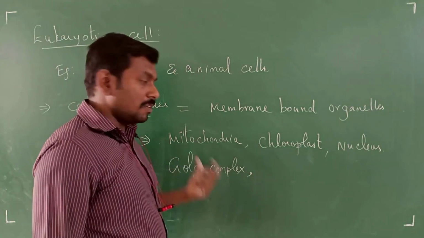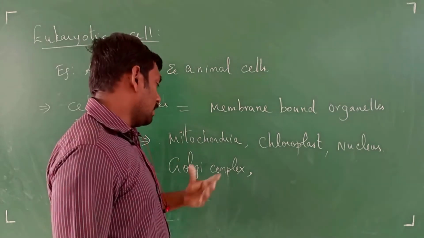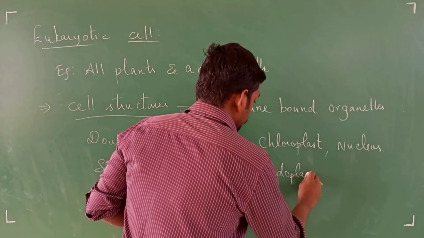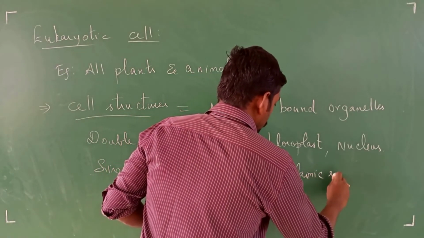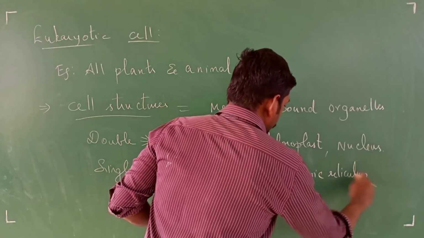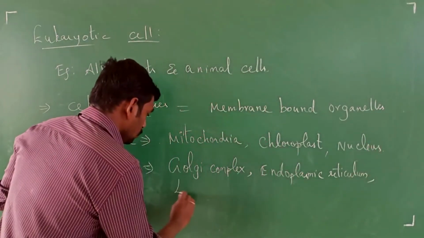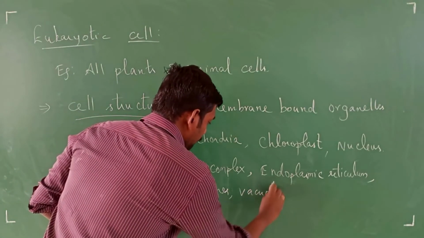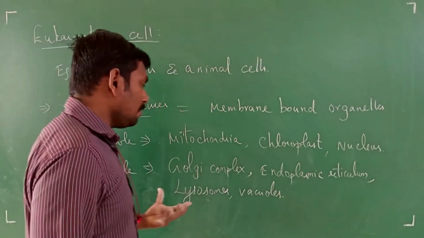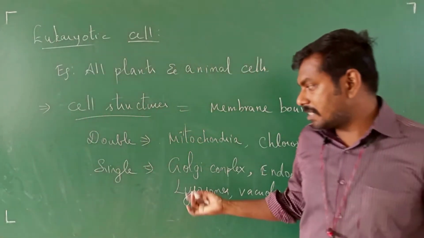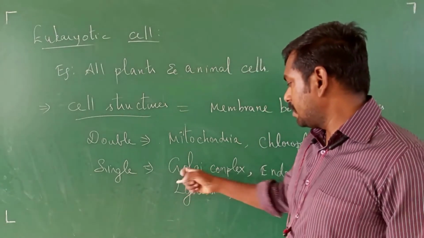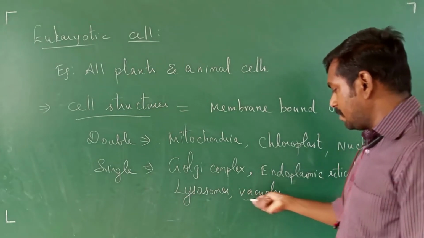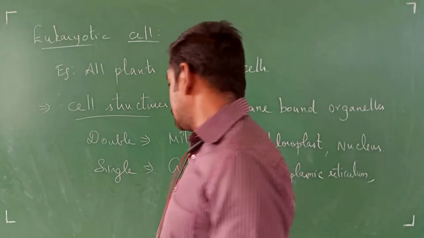Then endoplasmic reticulum, lysosomes, and vacuoles. These are the single-membrane organelles, because they come under the endomembrane system. Vacuoles, as you know, are made up of a single membrane which is called the tonoplast.